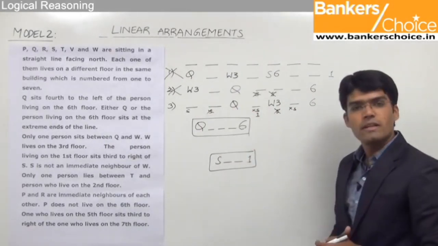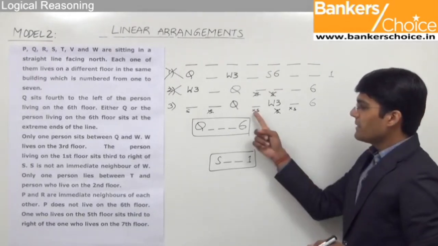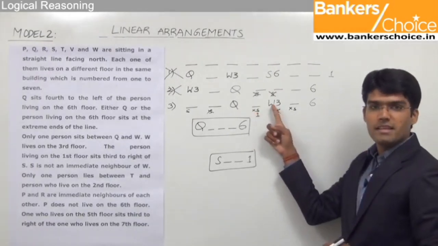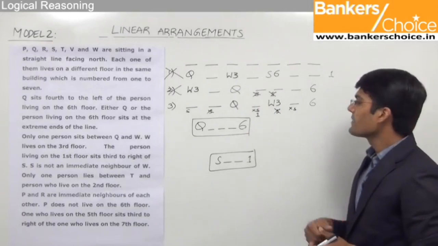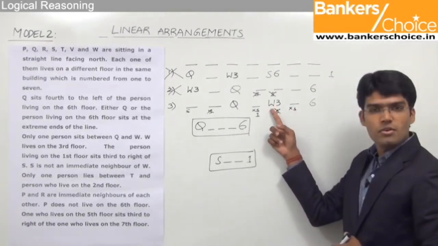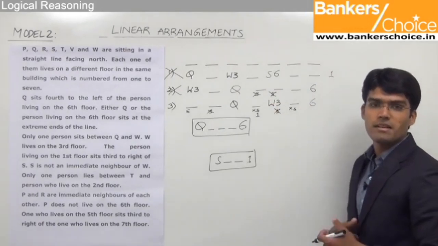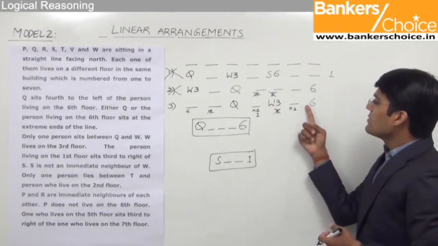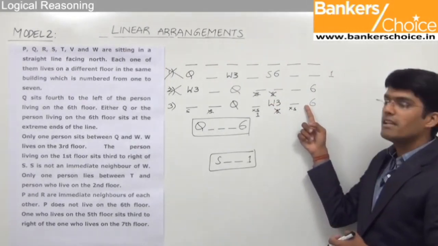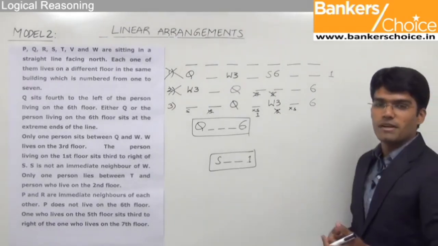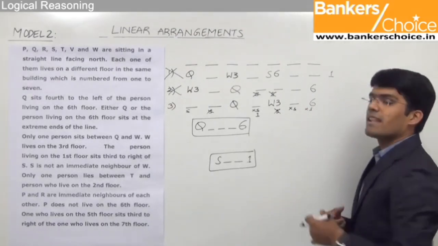The third place is already occupied by Q. This place cannot be occupied by S as it is the immediate neighbor of W. And similarly, the next position is occupied by W, and after that again S cannot come as it becomes the immediate neighbor of W. If we try to take S in this place, the person living on first floor goes out of the arrangement. So even S cannot come in the last position.